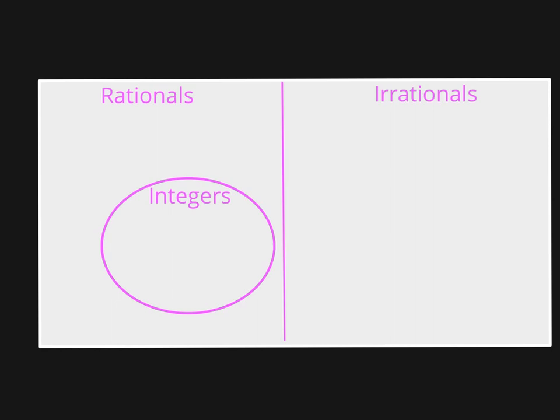Alright, so now we're going to come up with some examples of numbers that are rational, irrational, and integers. We've already kind of studied the left side of this chart, in which all integers are rational because all integers can be written as fractions. So let's write some examples: -2, 4, 7 over 1.